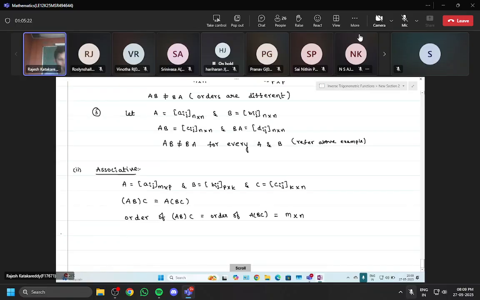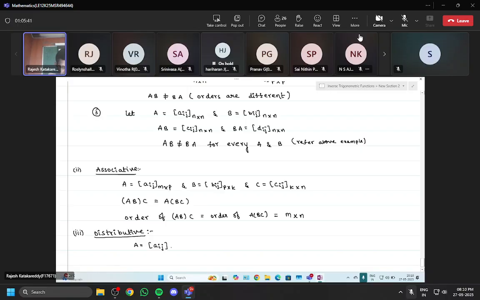After associative, we will see distributive. Matrix multiplication is distributive as well.